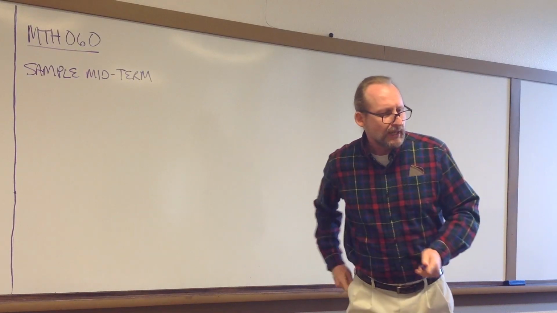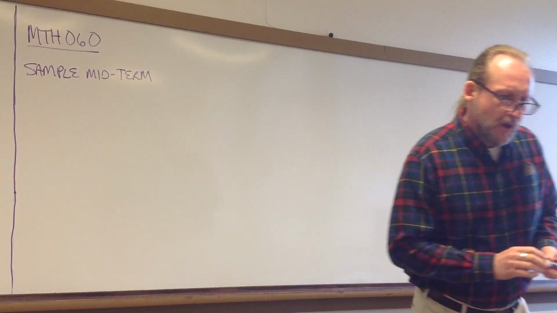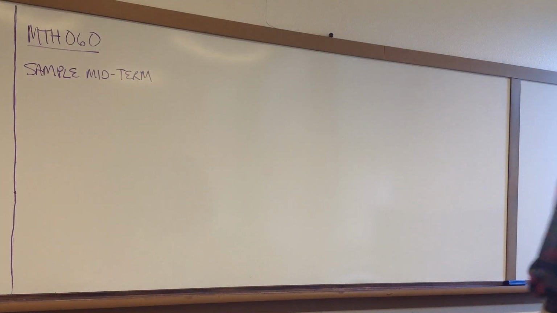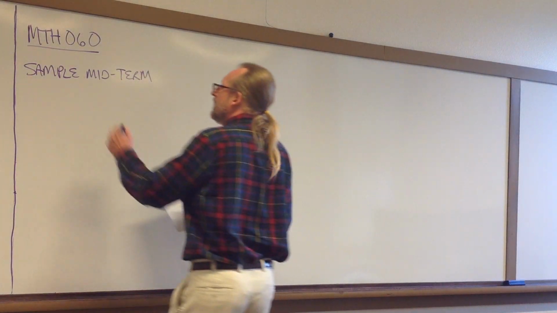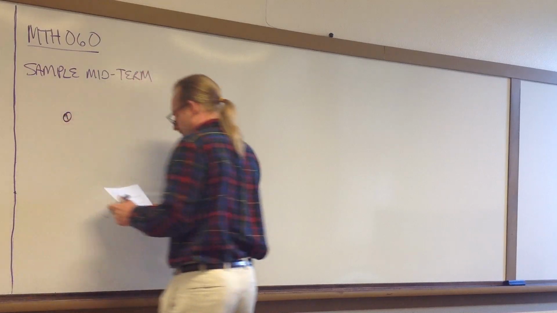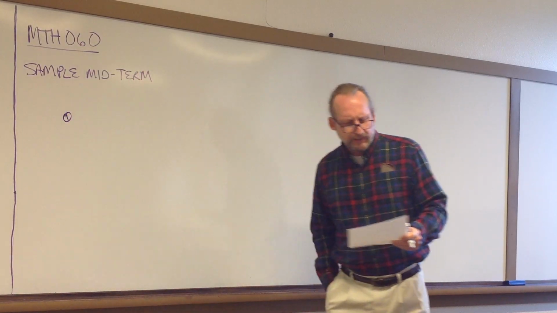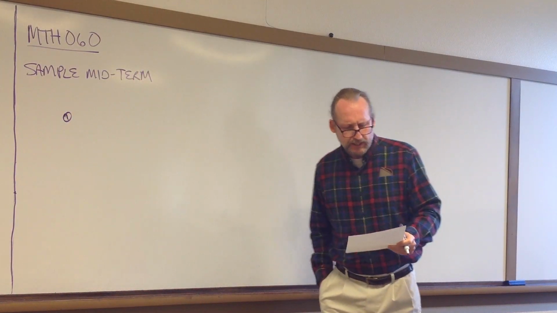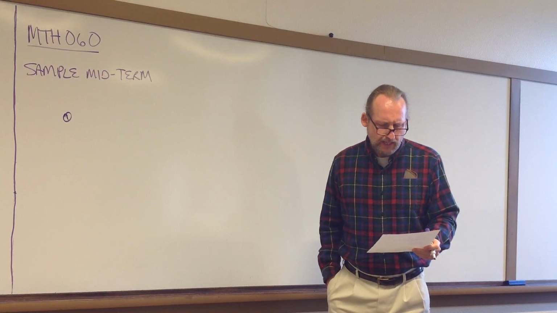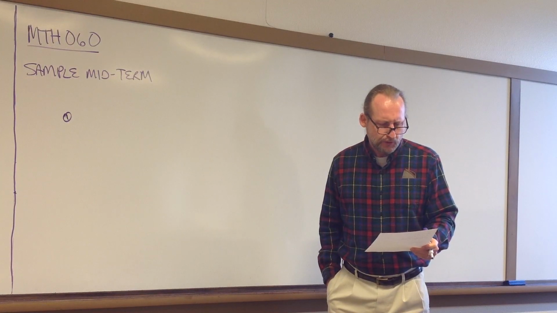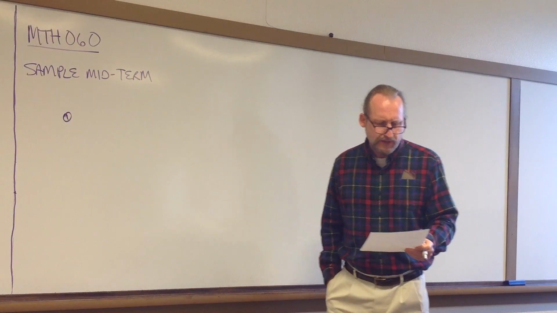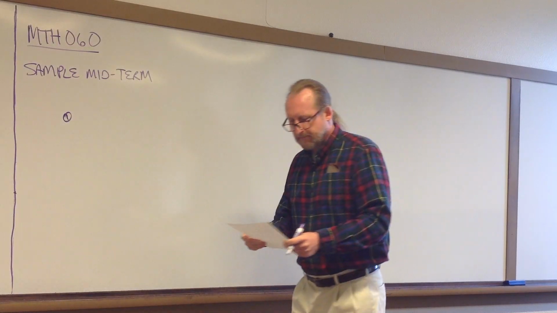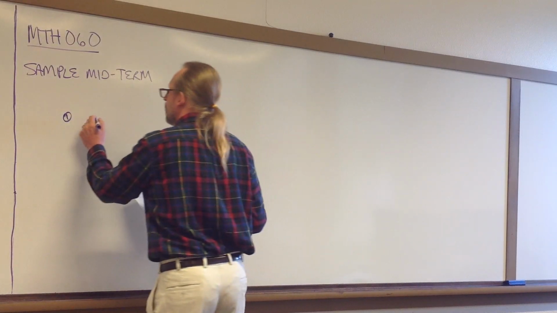All right. Well, let's go ahead and get started. Problem 1 is a proportion problem. It says a 40-acre field yields 600 bushels of wheat. At the same rate, how many bushels will a 75-acre field yield? Okay, so we can set up a proportion.